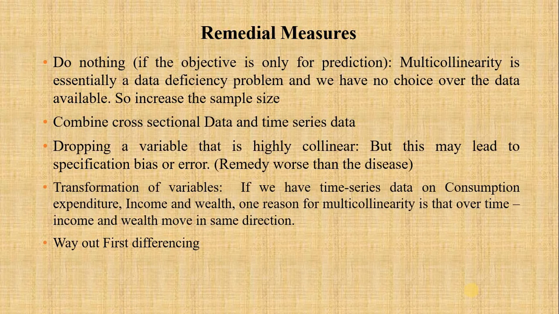And fourth one is you transform the variable. What's transformation? We have data on consumption expenditure, income and wealth. Multicollinearity is mainly because income and wealth both are moving in the same direction.